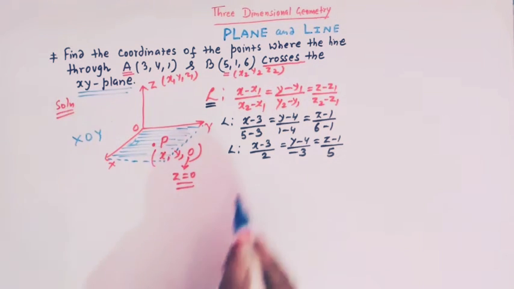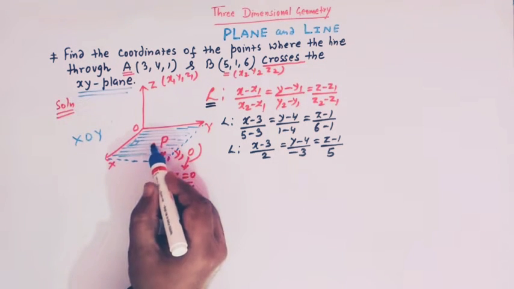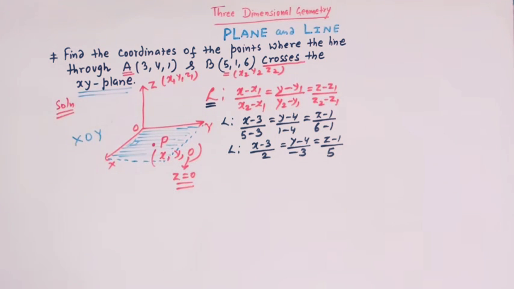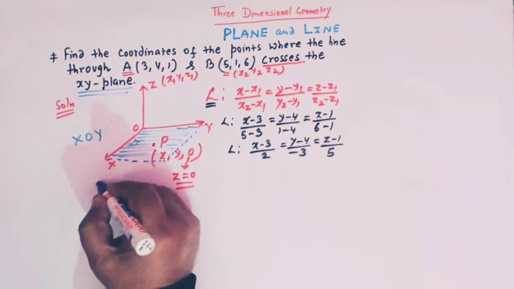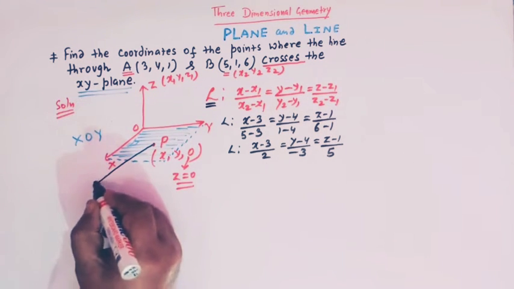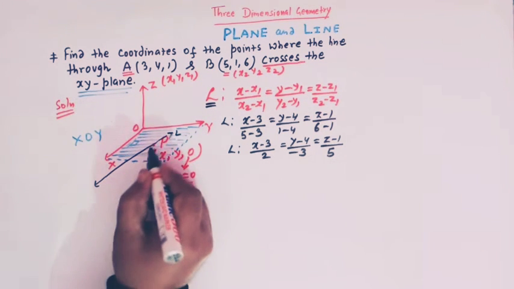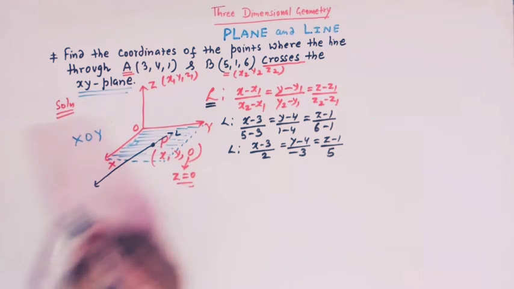Now this line crosses this plane XOY. This is a rough diagram, and let us take the line like this, and here we have the line L, and it crosses this plane XOY.